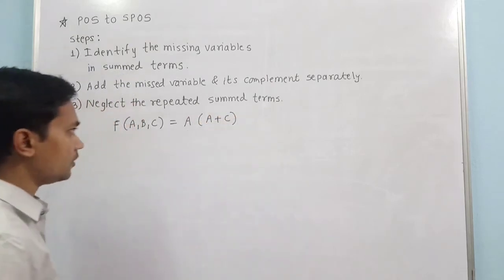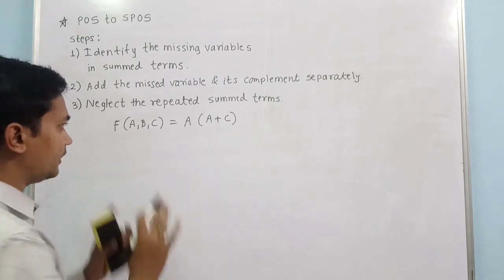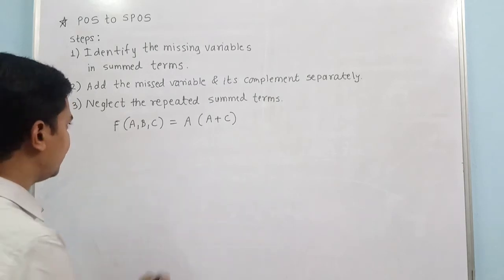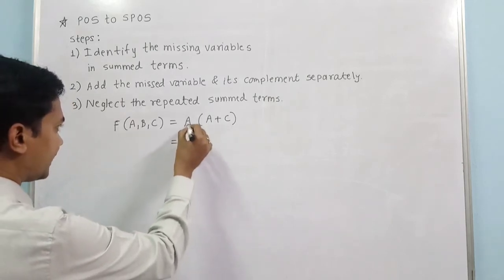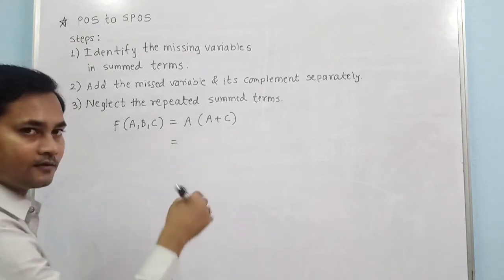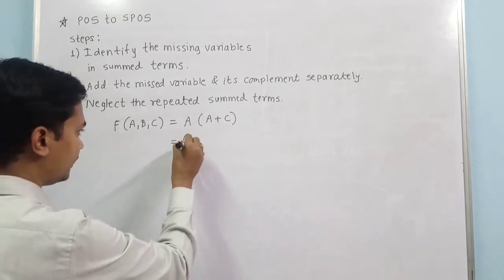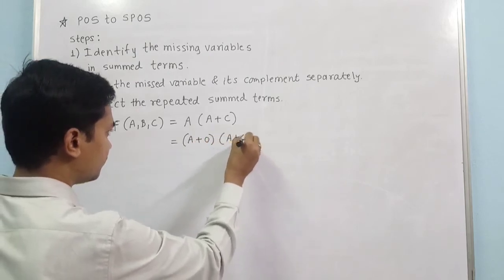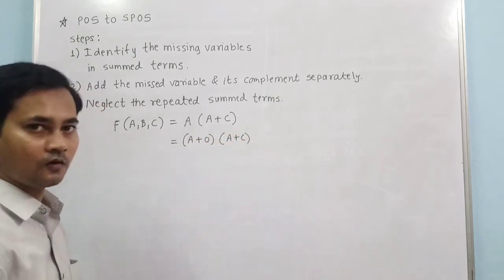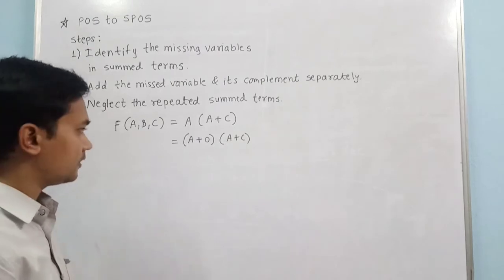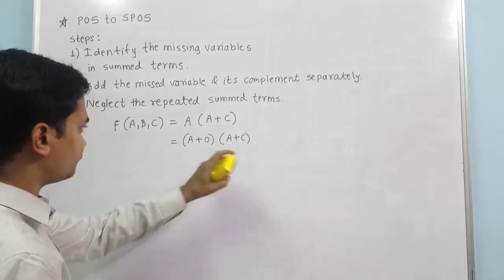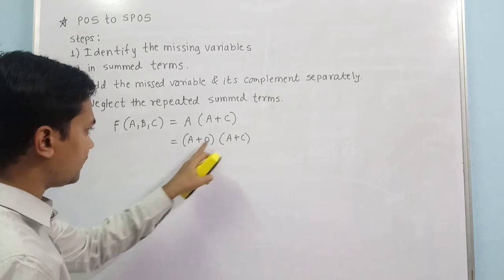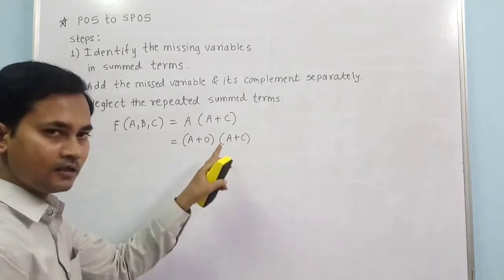Only this much is given as an example. This is the proper expression of POS, product of sum, where the product of different summed terms is given.